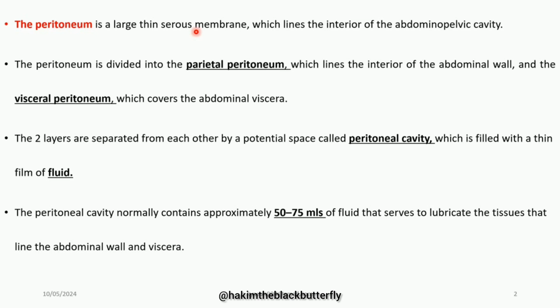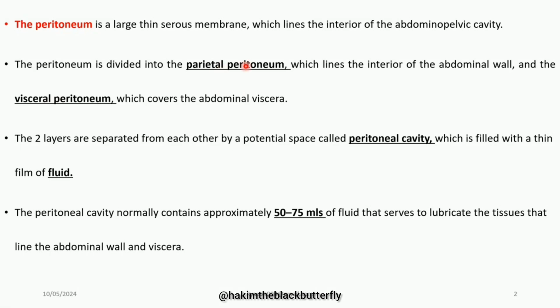Okay, so this membrane here, it's double layered. There is an inner part that we shall call the visceral layer, then the parietal. The visceral is close to the organs, because the word viscera means organs.